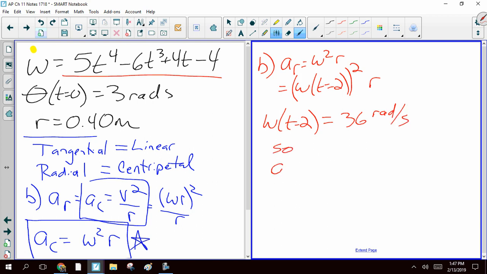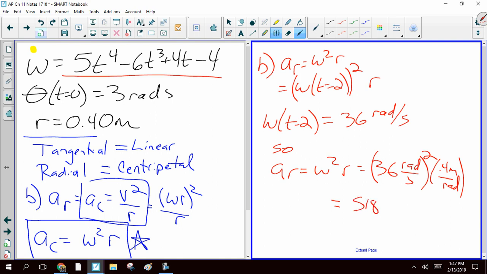So our radial acceleration is omega squared times r, so 36 radians per second squared times your radius, 0.4 meters per radian, and it gives you 518.4 meters per second squared.